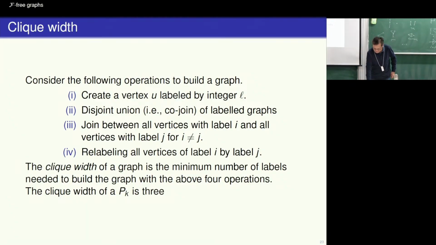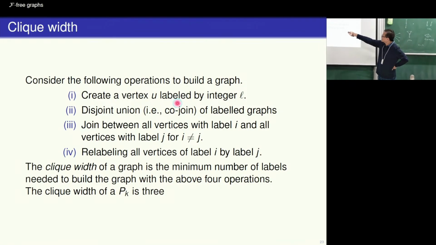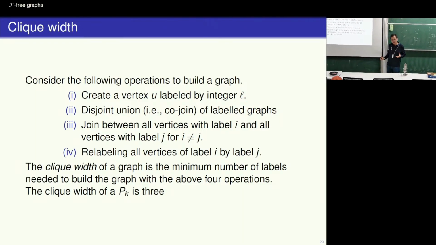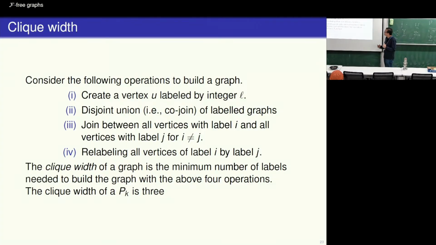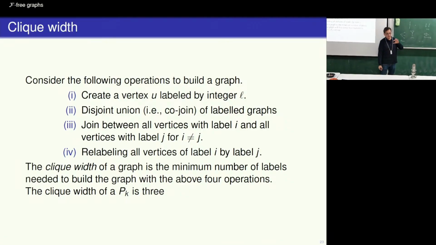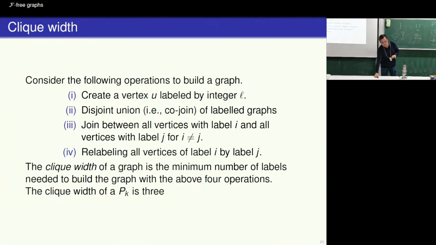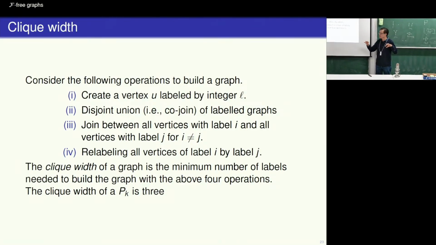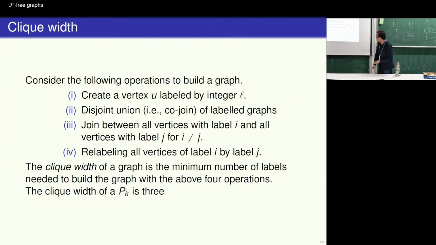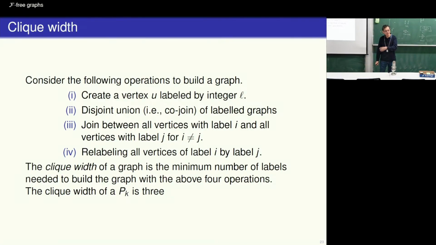The operations are: you can create a new vertex and give it a label, L. You can take the disjoint union of 2 labeled graphs, and you can say I want to join every vertex with label I with every vertex with label J, adding edges. And I can say I want to relabel all vertices of label I to label J. So the clique width of a graph is the minimum number of labels that you need to build this graph.